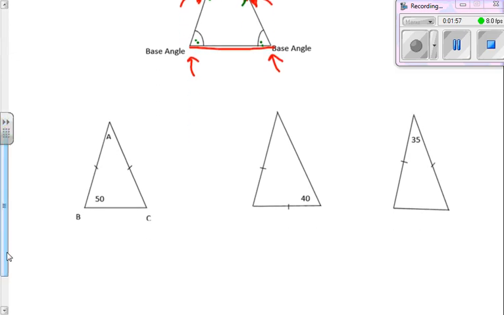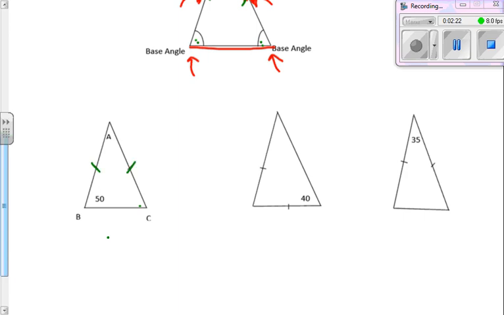Take a look at the first example right here. We have triangle ABC, and our task is to find the missing angle measures for A and C. Well, we're only given one, and we remember that all three angles add up to 180 degrees, but based upon the information we're given, we don't have enough to just add things up. But we do know that we have an isosceles triangle because we have these hash marks.